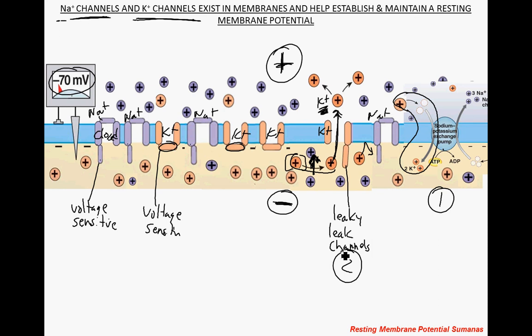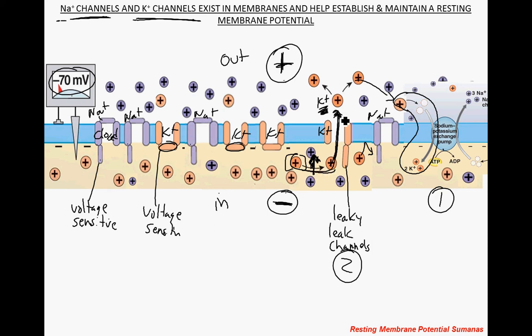Will all of it diffuse out? No, because then it's being pumped back in. But what happens is that the charge across the membrane, this is the outside and this is the inside, comes into a dynamic equilibrium balance. Will all of this potassium diffuse out?